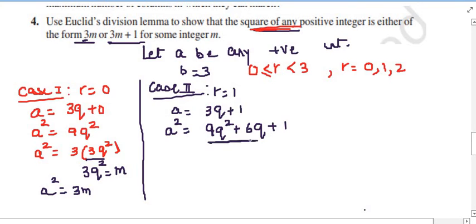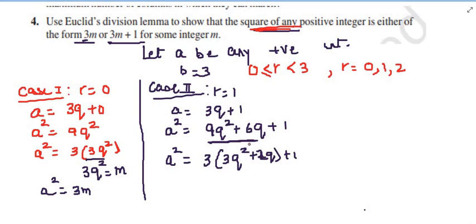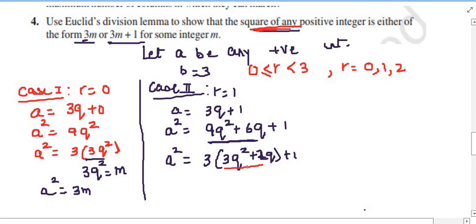From the first two terms, we will take 3 as a common factor. So a square will be equal to 3 times (3q square plus 2q) plus 1. Let's say this 3q square plus 2q is equal to m. So it means a square will be equal to 3m plus 1.